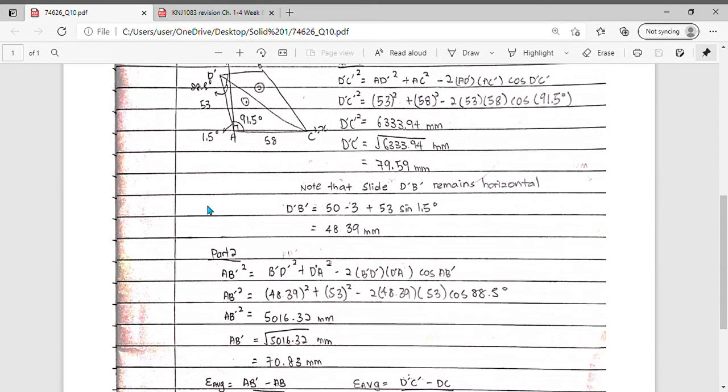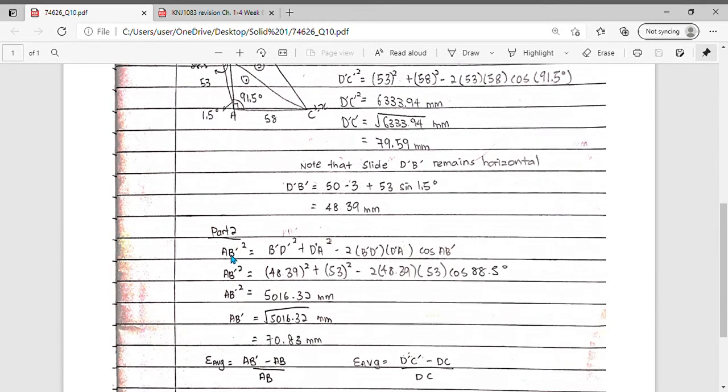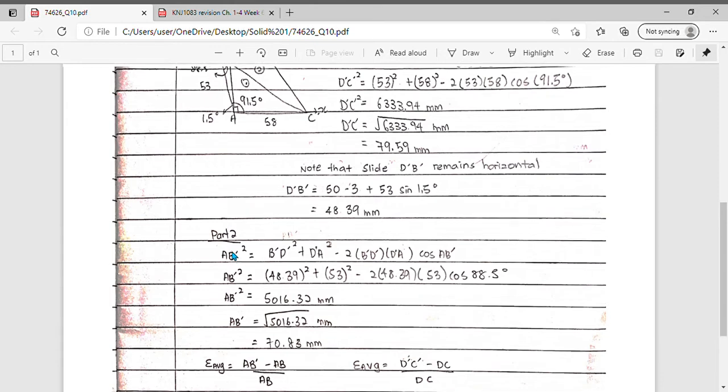After that, we go to the second triangle, which is AB prime. The same method applies, using cosine law.